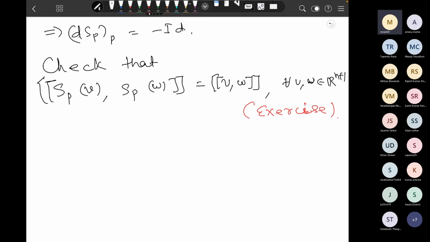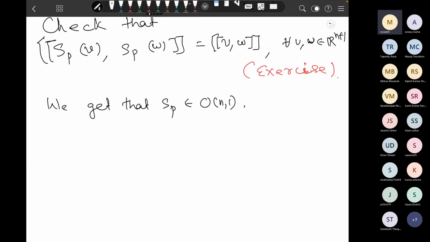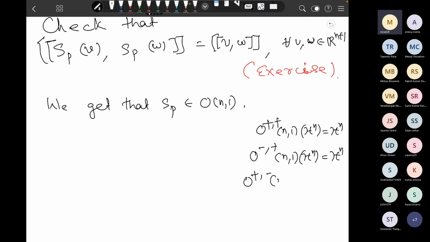From here we get that SP belongs to really O(n,1). And we have some information like this, which I have discussed: O(n,1) preserves Hn, O+(n,1) preserves Hn, O(n,1) Hn is equal to Hn, and O−(n,1) Hn is equal to Hn tilde, and O−(n,1) Hn is equal to Hn tilde.